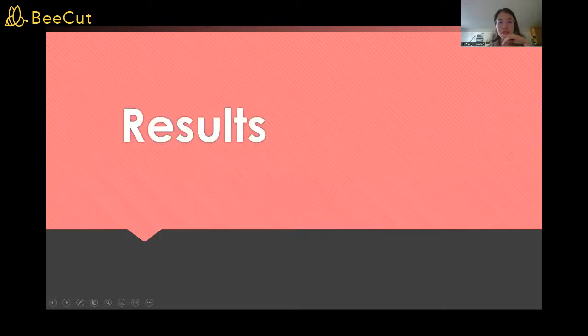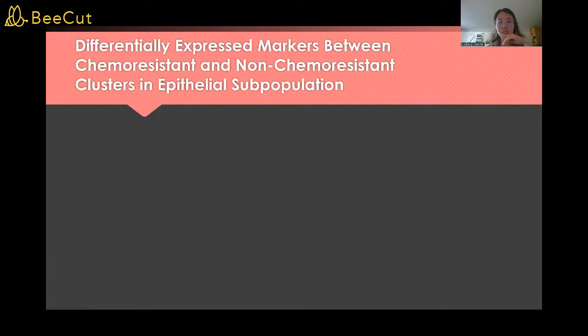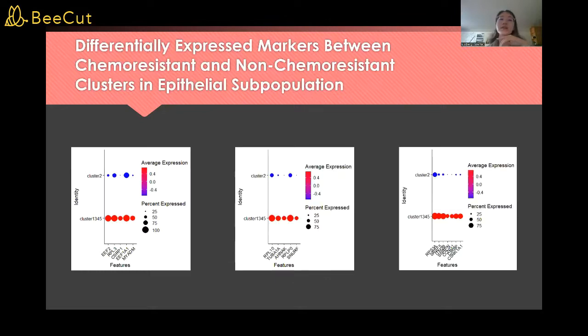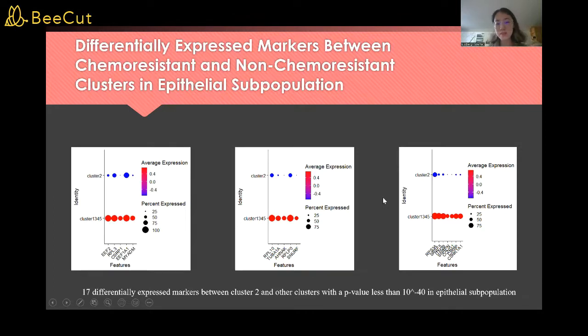Then the results. Here are the differentially expressed markers between chemoresistant, which is cluster 2, and non-chemoresistant clusters in the epithelial subpopulation. There are 17 markers with a p-value less than 10 to the -40th power. For example, EEF2, RPL3, and CSRP1.